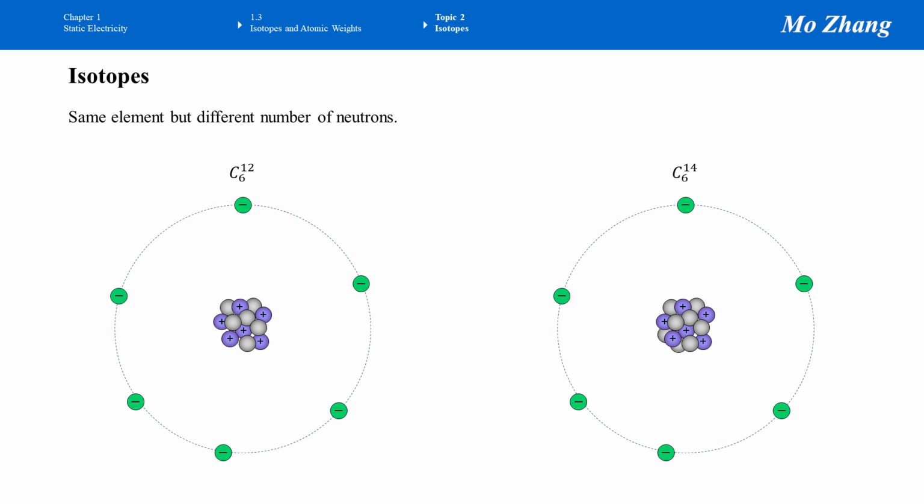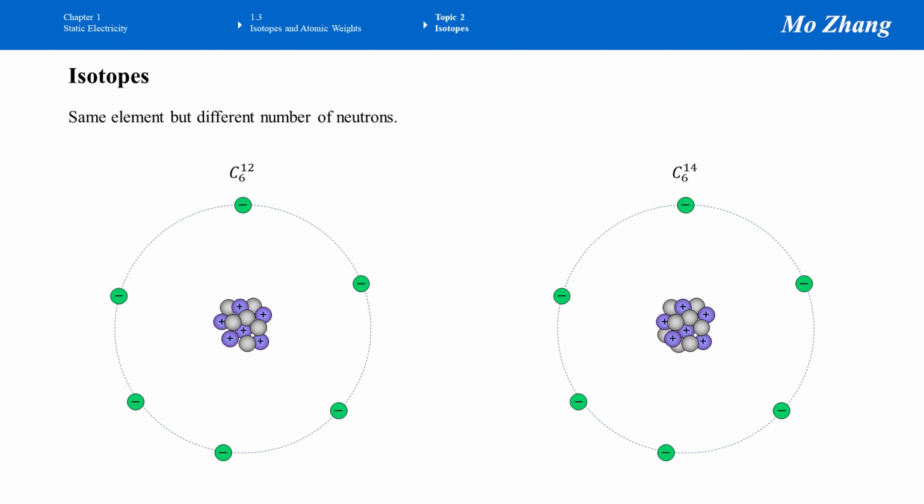At least one example is that we can use isotopes to determine the age of a fossil. For example, if a tree is alive, it has plenty of carbon 14. However, if you cut a tree and bury it under the ground, year after year, the neutrons inside the carbon 14 gradually escape from it.